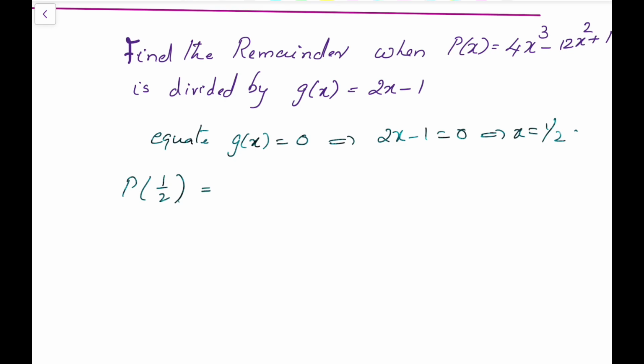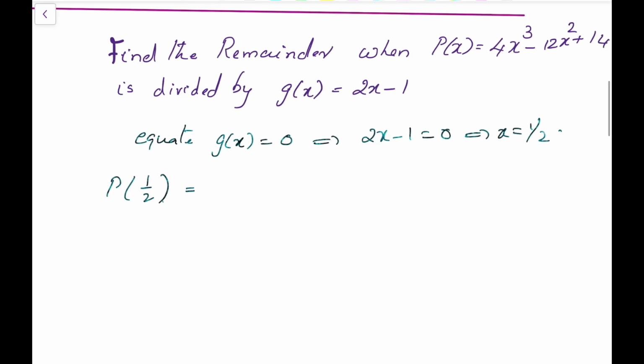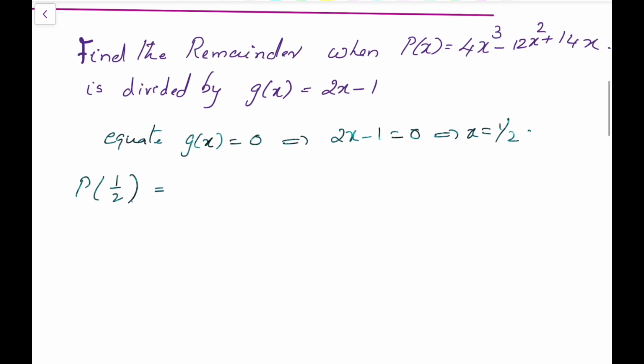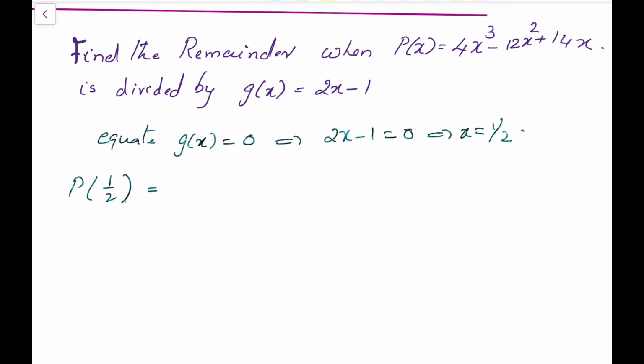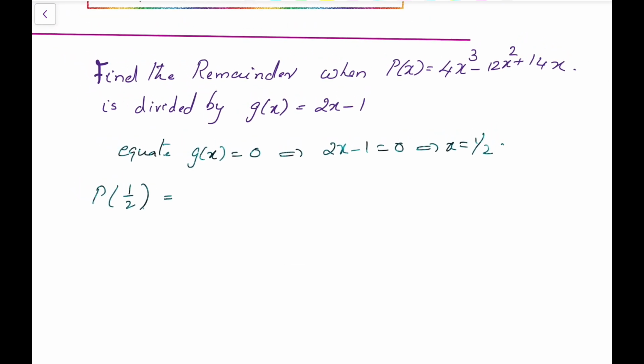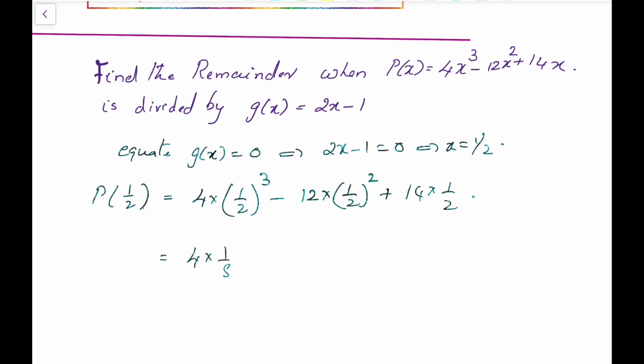So p of half: substitute it in p of x, which is 4x cube minus 12x squared plus 14x plus 1. Now you are going to find p of half. So 4 into (1 by 2) the whole cube minus 12 into (1 by 2) the whole squared plus 14 into 1 by 2. This is equal to 4 into 1 by 8 minus 12 into 1 by 4 plus 14 into 1 by 2, which is 7.